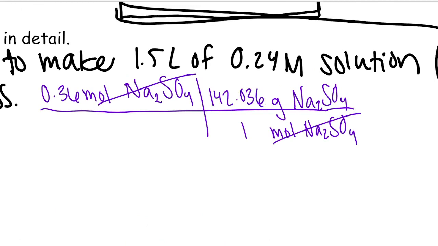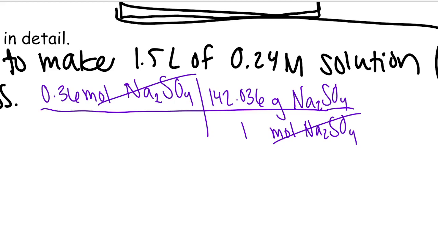And then I would need to multiply that by 0.36 to be the number of grams that are in that many moles. So if I take 0.36 times 142.036, that gives me 51.13296.